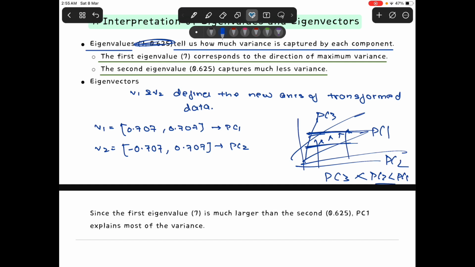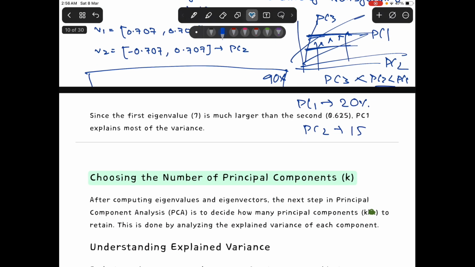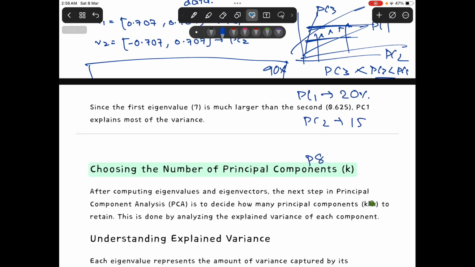So we will consider only those principal components which have maximum variance, and the rule says we should go up to 90% of variance. Like if PC1 has 20% variance and PC2 has 15%, and similarly up to PC8 we get a total sum of 90% or above, then we can decrease the number of features to 8.